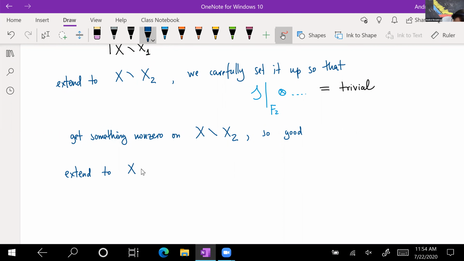to X minus X3. And now we need to show that if we take a general line bundle of degree 0, general S, that thing is non-zero.